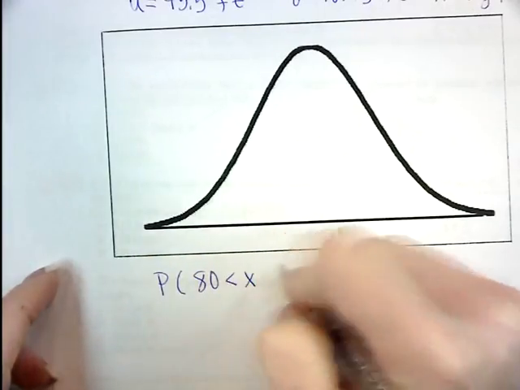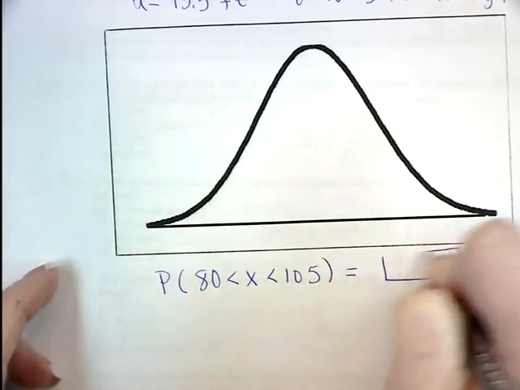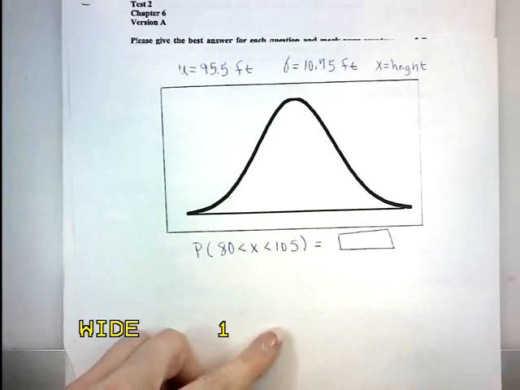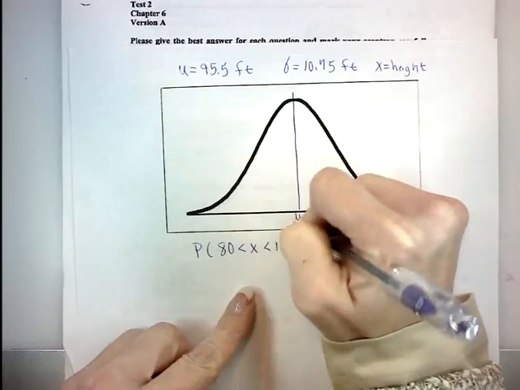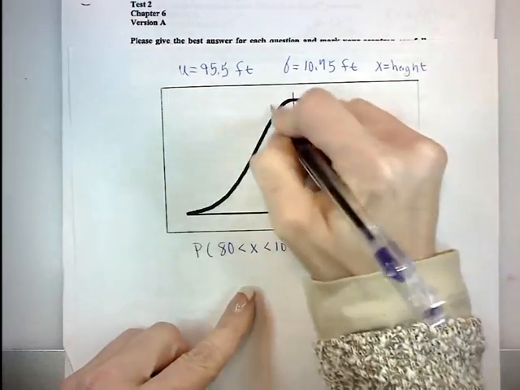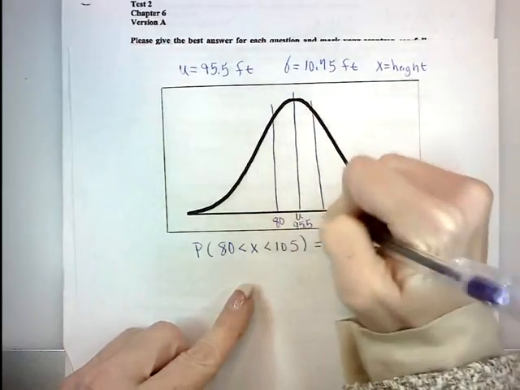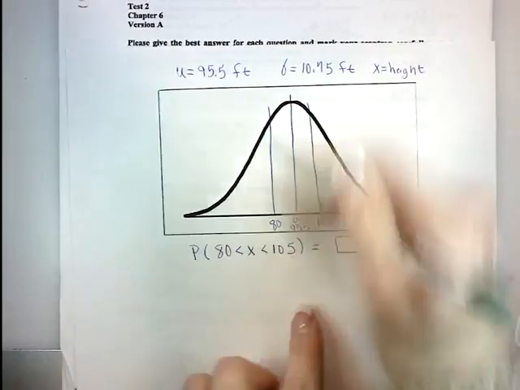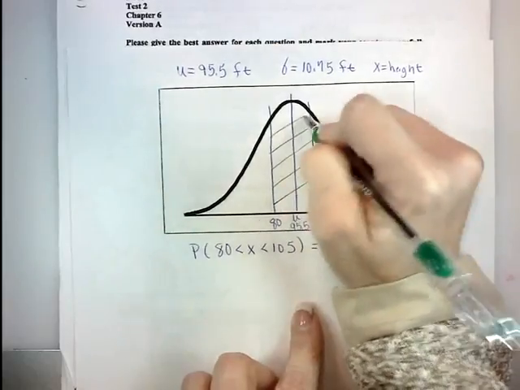Notation-wise, it looks like this. So, picture: the mean of 95.5 is at the center of the x-axis. 80 has to fall below the average, and 105 has to fall above. So we will shade the area between those two x values.